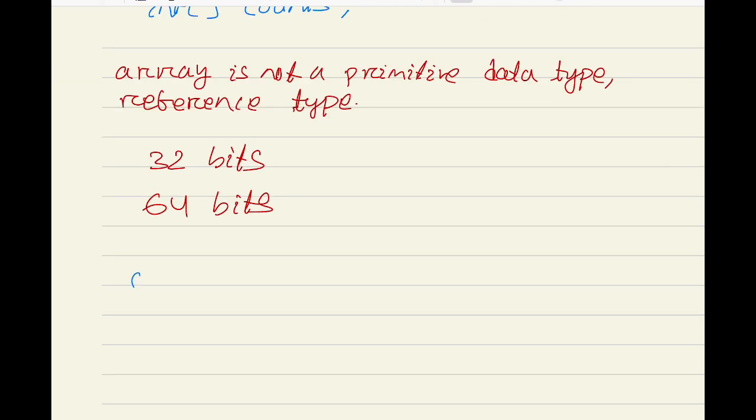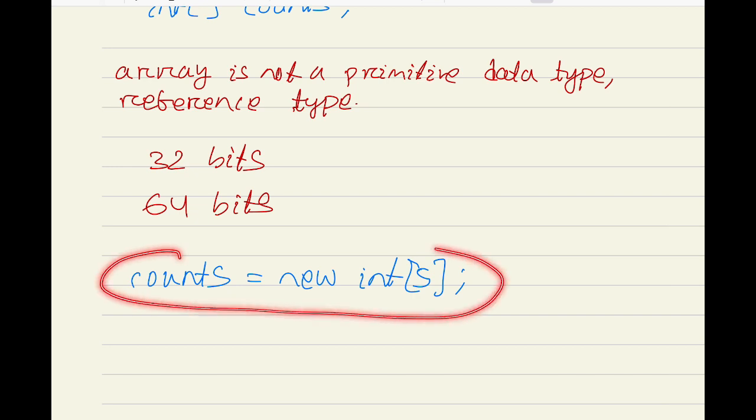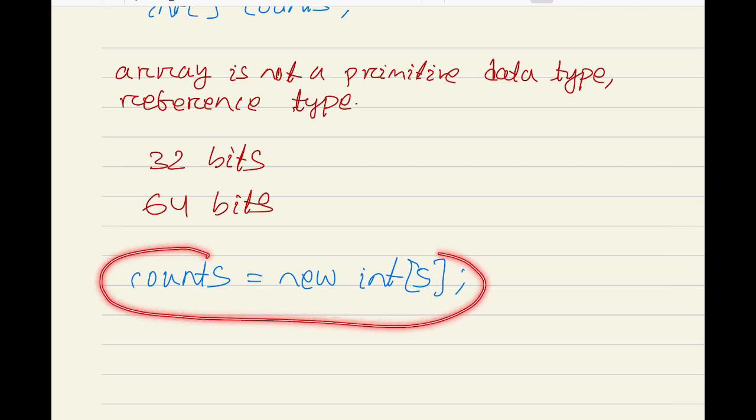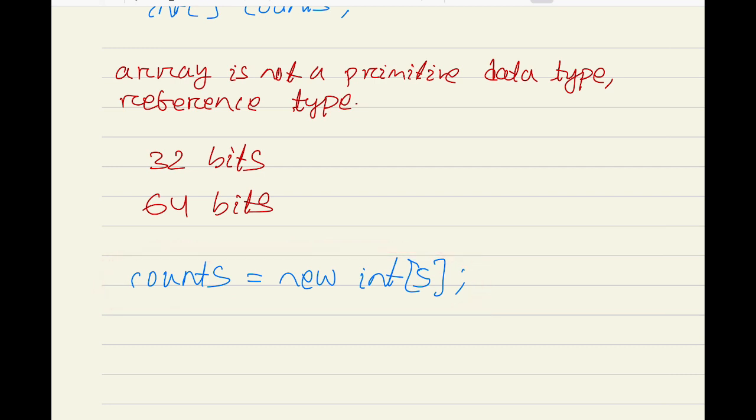If we write counts equal to new int 5, so this statement creates an integer array of size 5 and assigns the reference to counts. So when this statement gets executed, the array is created and the memory is assigned for the array.